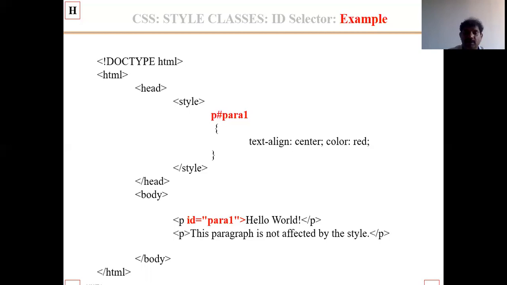The data will be shown in the center and the color is red. Close the style, close the head. Next we come to the body, opening tag body. Paragraph P, id equal to "para1", Hello World, close the paragraph, and next open another paragraph.